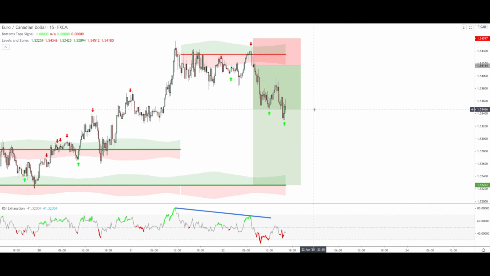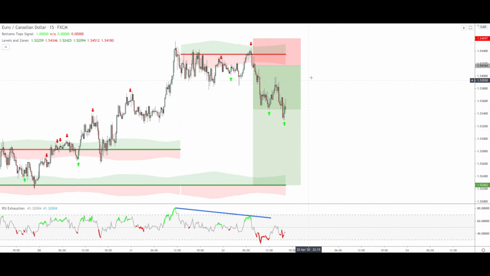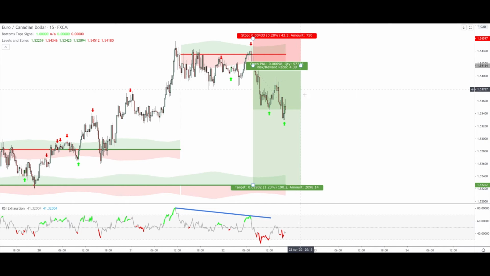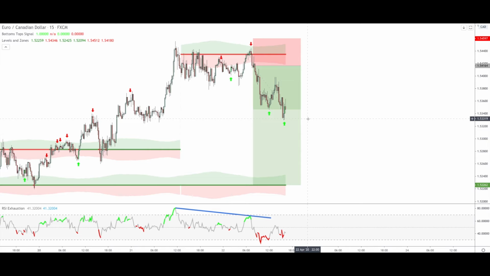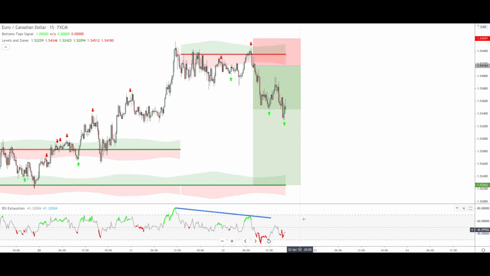The price is now lower. It moved higher almost to retouch the entry level, but then it moved lower. But we have a double bottom here, one here and one here. The second bottom is lower than the previous one, but the RSI is higher.